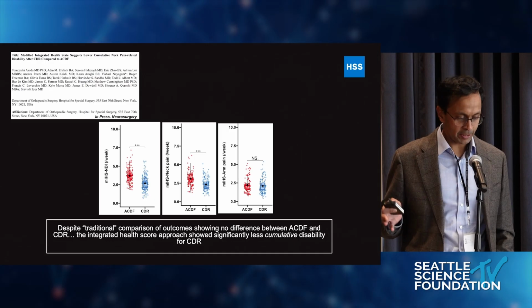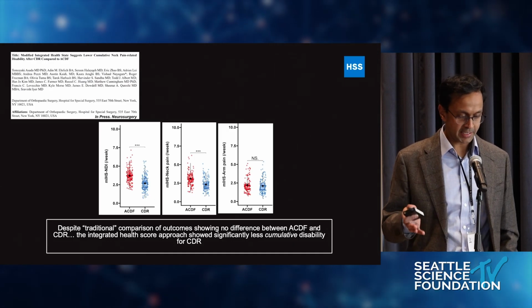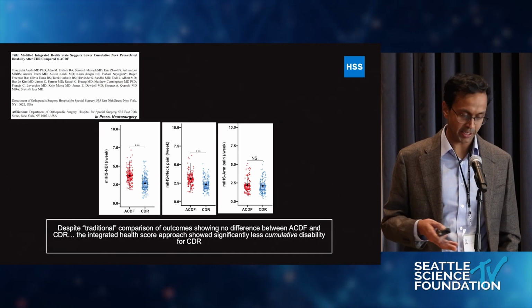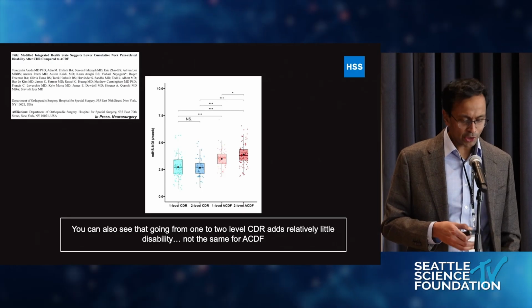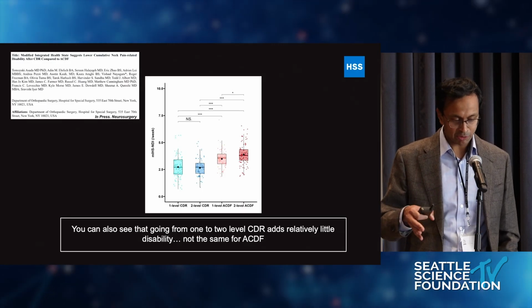Across the time frame that you look at, there's a cumulative increase in disability for ACDF versus disc replacement, for example for NDI and for neck pain. Arm pain seems to be similar. You can also see that going from 1 to 2 level disc replacement doesn't really change much.